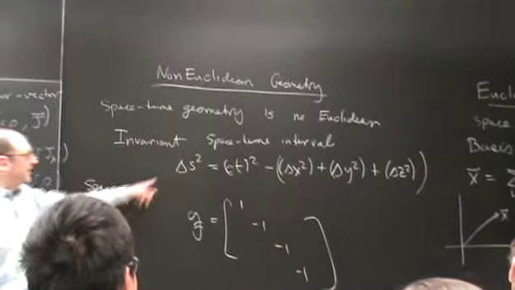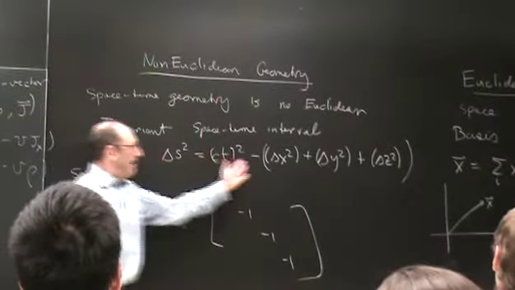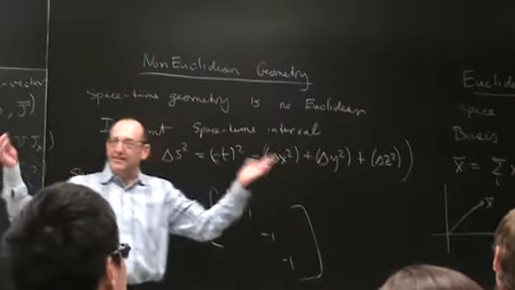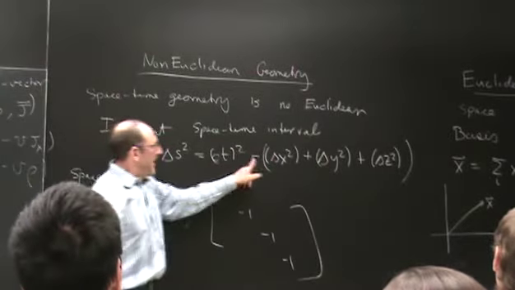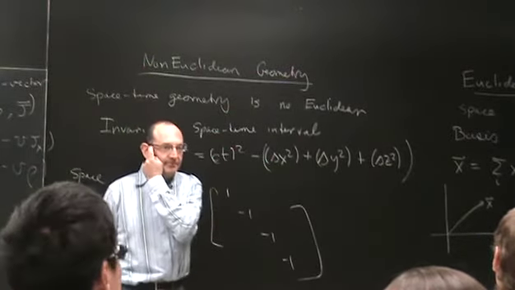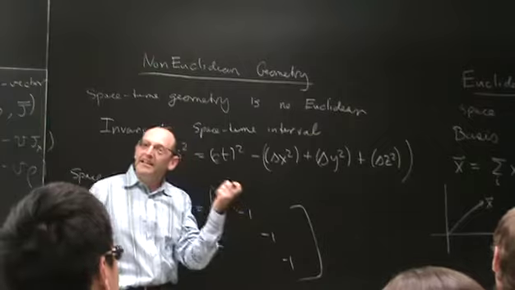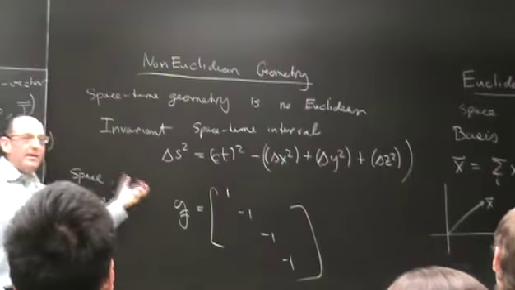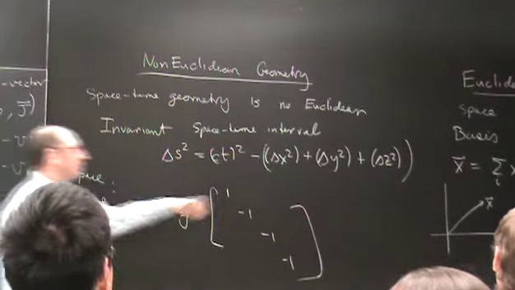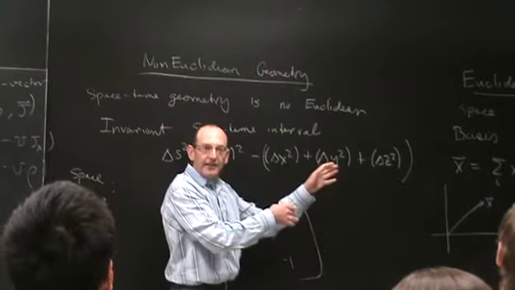Right? Because to get distance between space-time events, we have these minus signs here. Which means that space-time is not Euclidean. Space itself can be Euclidean.